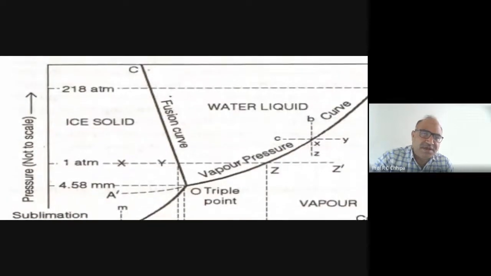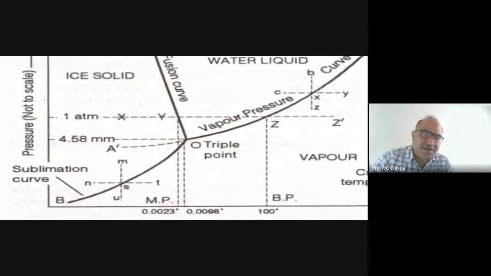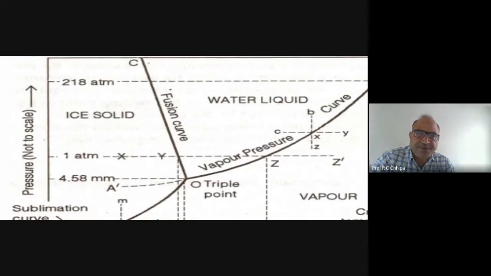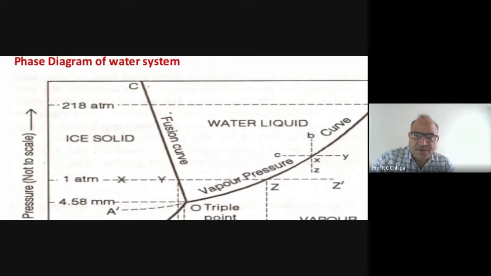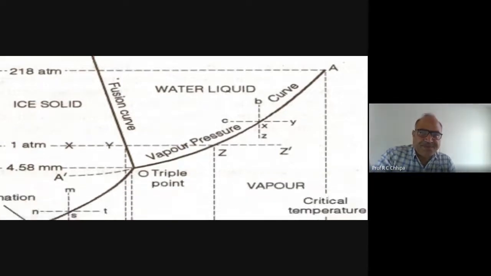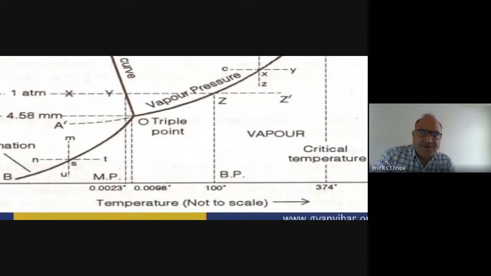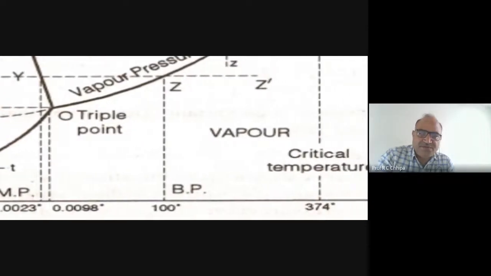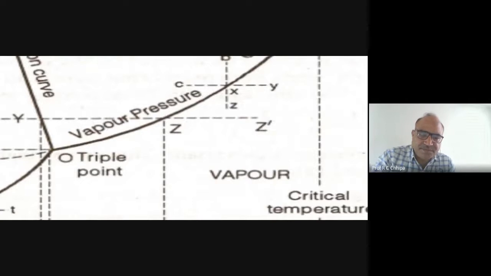And the area BOC is the solid, then the area COA is the liquid water phase, and AOB, that big area, is the vapor area.